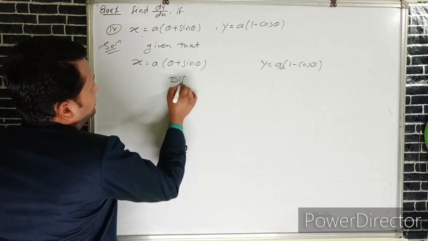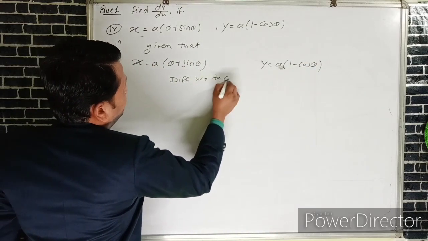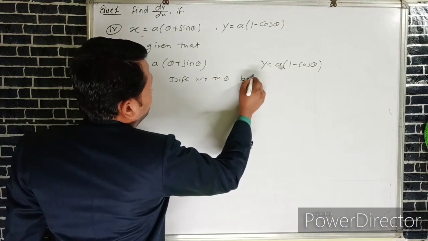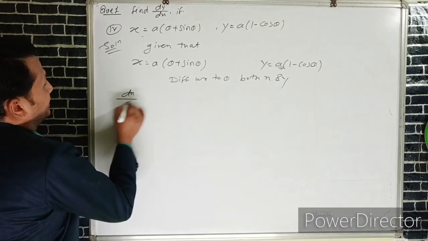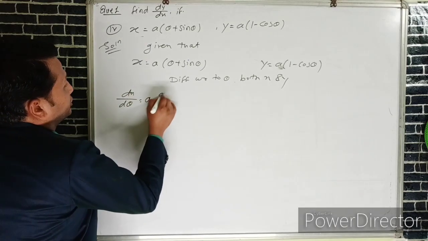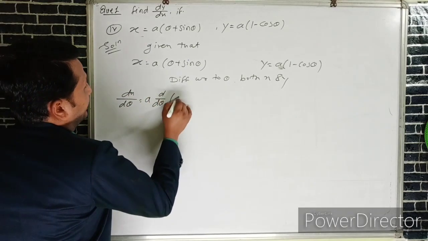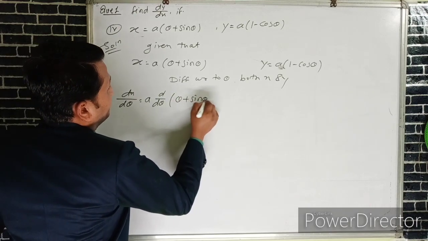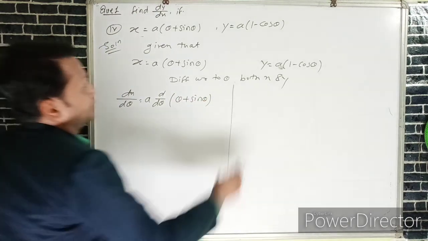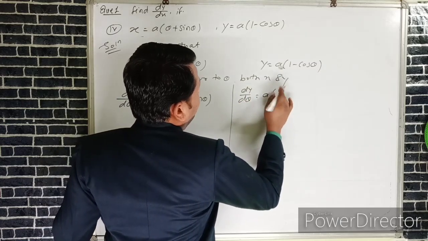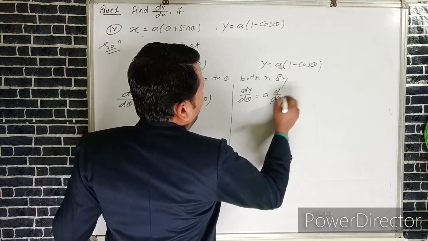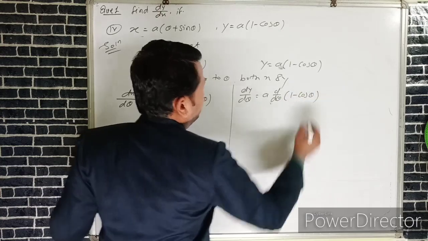If we differentiate both x and y with respect to theta, we can write dx upon d theta is equals to, here a is constant, a times d upon d theta of theta plus sin theta. Again, if we take the derivative with respect to theta, dy upon d theta is the derivative of a in bracket 1 minus cos theta.